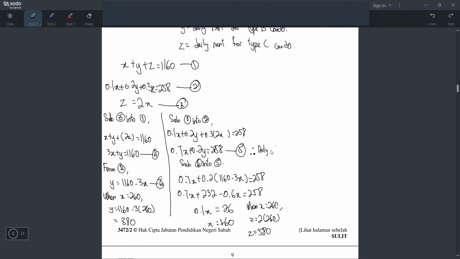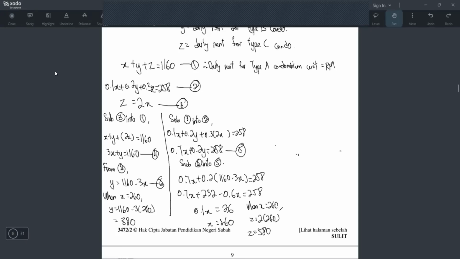So daily rent for type A condominium unit is equals to RM 260.